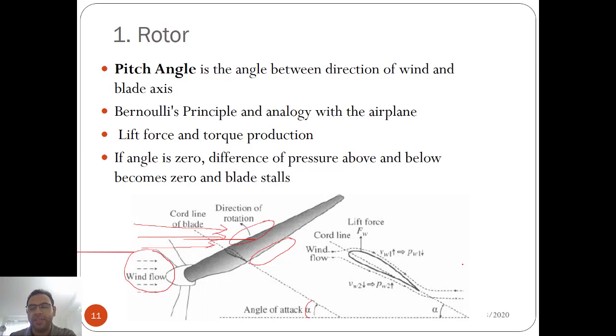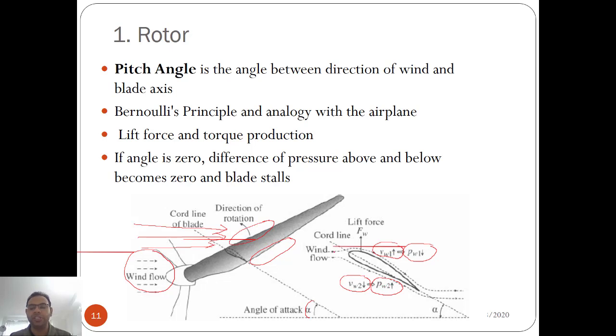So by this mechanical arrangement, we create higher wind speed on the top surface of the plate, which results in lower pressure. Similarly, we create lower speed on the bottom surface, and as a result, higher pressure.